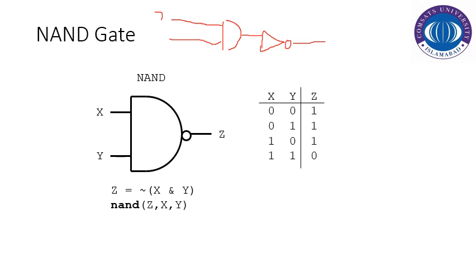This is X, this is Y. Here at this point we are getting X dot Y, X and Y, and here we are getting X and Y prime. So this thing is basically equivalent to this thing. So what we are doing, we are inverting the output of AND gate to produce the output of NAND gate.